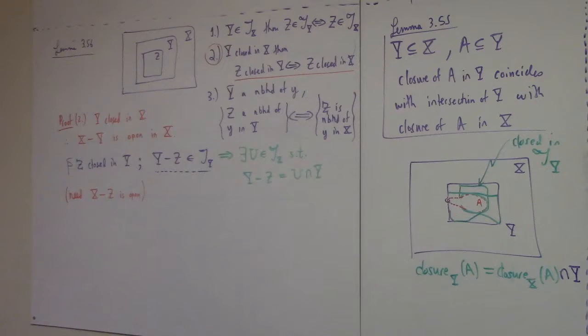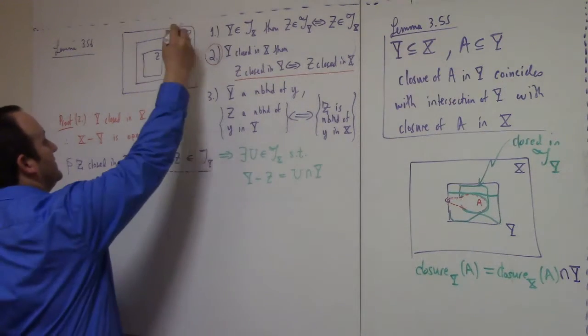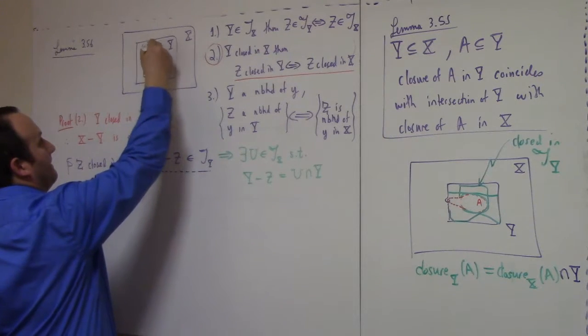Trying to show Z closed in Y. What does Y minus Z look like? Sometimes pictures help. So Y minus Z is this thing, right?